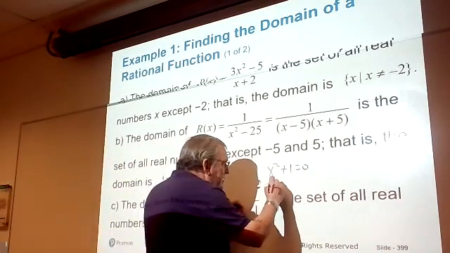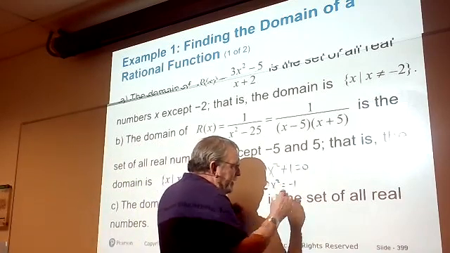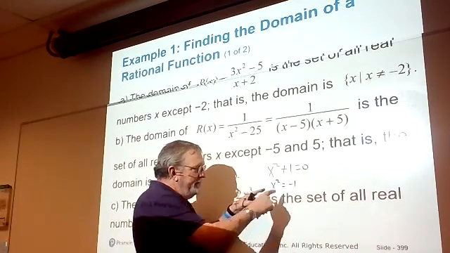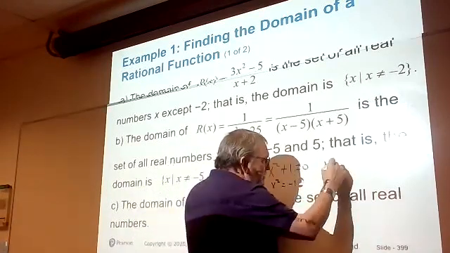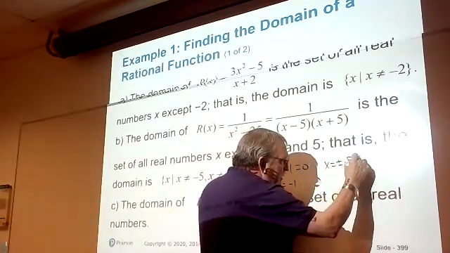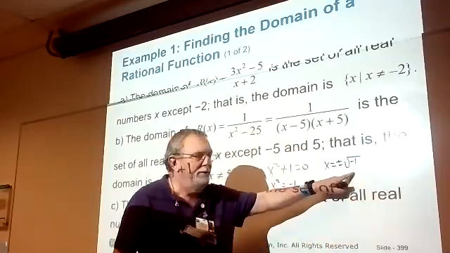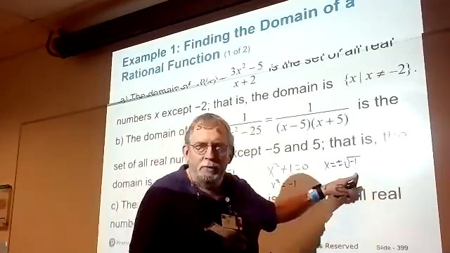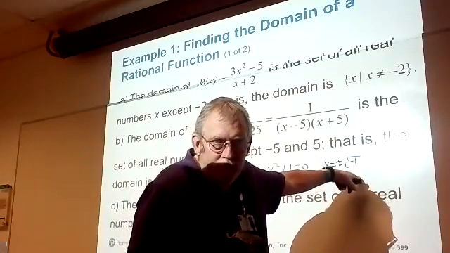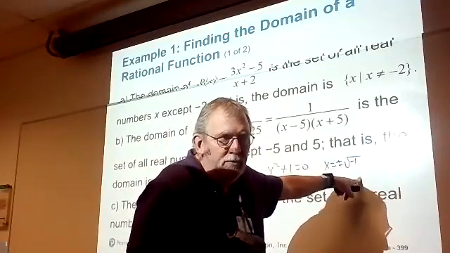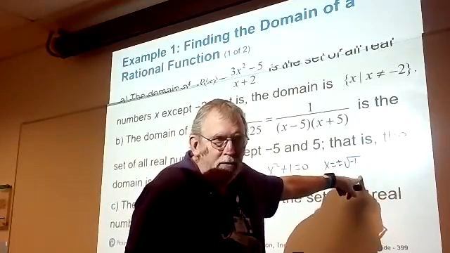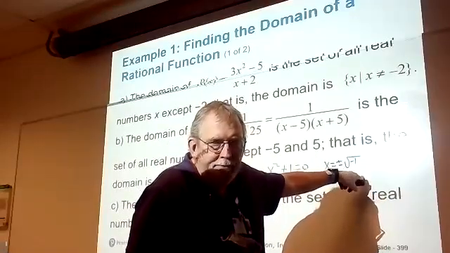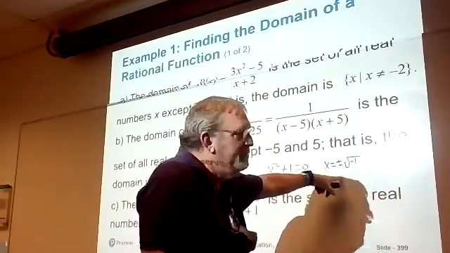In other words, x squared equals -1. And we take the square root of both sides. So x equals plus or minus the square root of -1. Is the square root of -1 a real number? Someone tell me. No. It's an imaginary number.